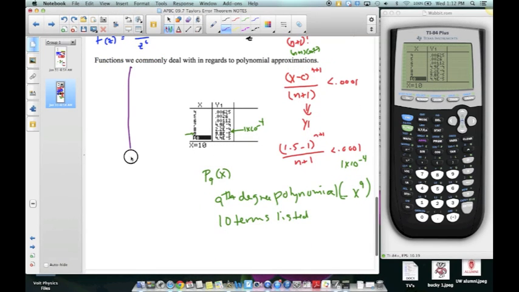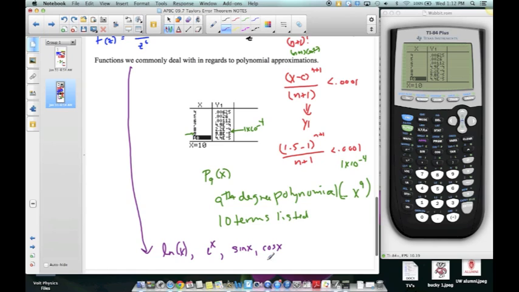So to address this final question, then, functions we commonly deal with in regards to polynomial approximations: natural log is one non-polynomial expression that we approximate a lot. Also, e to the x we saw is something that we'll approximate a lot since taking derivatives is so easy. Same with trig functions like sine x and cosine x.